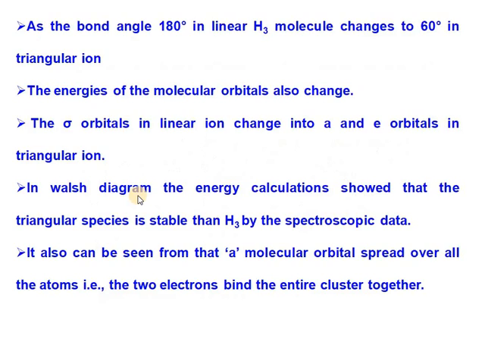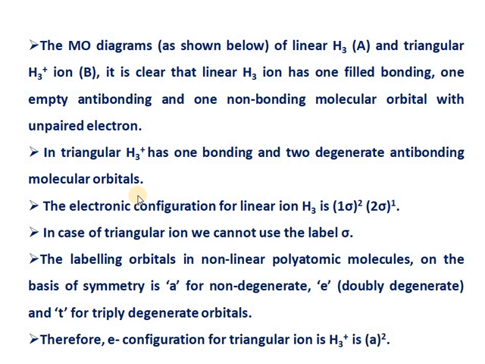So see this difference. Now we have learned the molecular orbital diagram of the linear H3 plus molecule, and now we also see the triangular H3 plus ion.